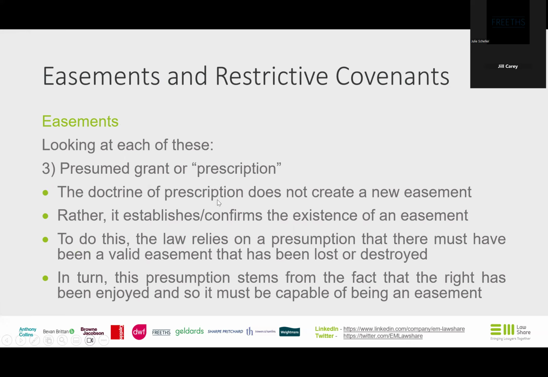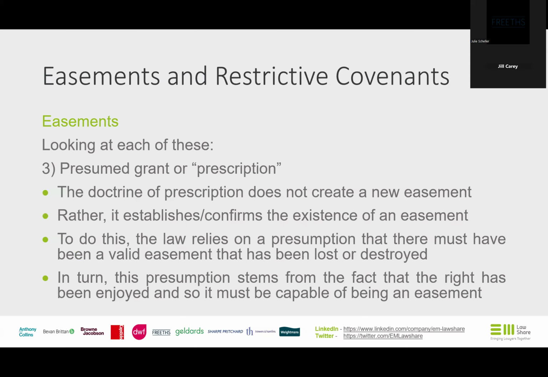So with presumed grant or prescription, we're not looking to create a new easement here. This is something that is used where you, or the other side, are trying to confirm the existence of an easement. So the key date that you really want to take away with you from this today is 20 years.